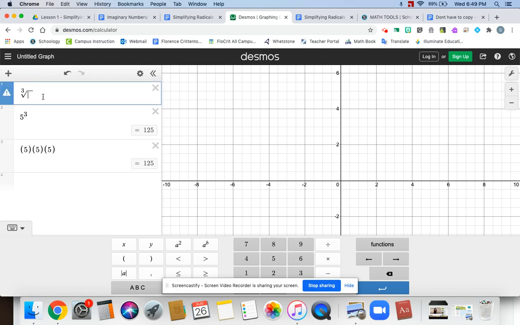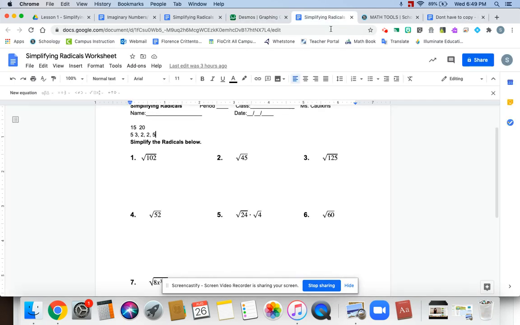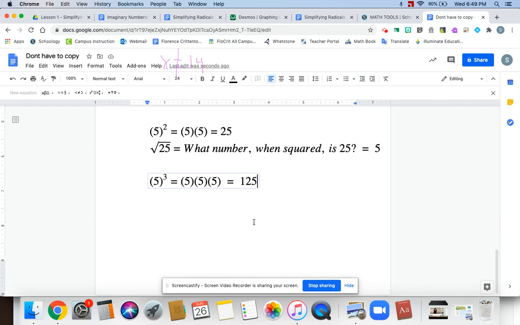Which means, what's the cubed root of 125? Oh, look, the answer is 5, because the cubed root of 125 asks itself, what number, when cubed, is 125?